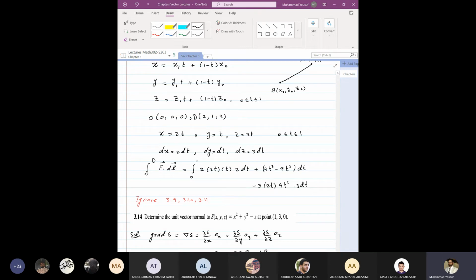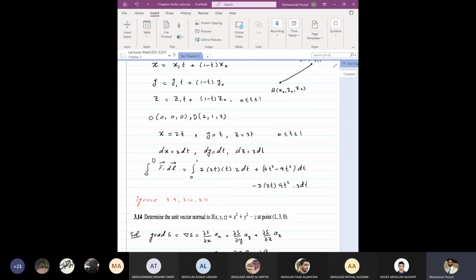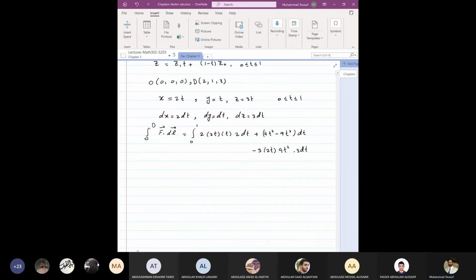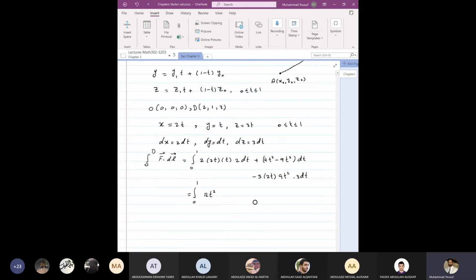Now you need to evaluate this integral, and I think it is very, very easy to evaluate. You can write 0 to 1, 8t square plus 4t square, so it becomes 12t square. No, what is this one? x square and z square.